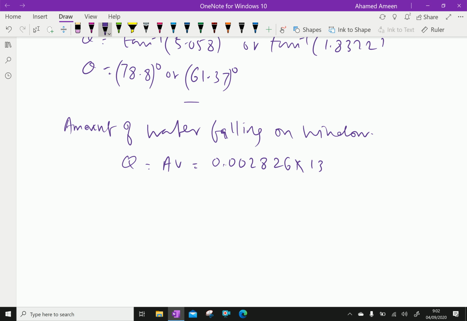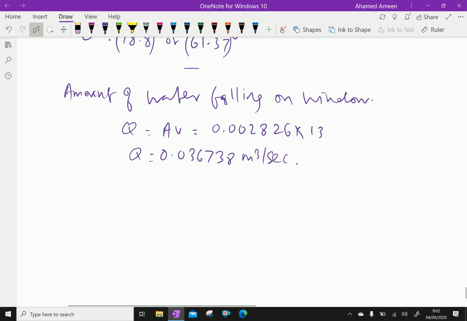So 0.002826 multiplied by 13 equals Q equals 0.036738 meter cube per second. We can write it in liters as 36.74 liters per second.